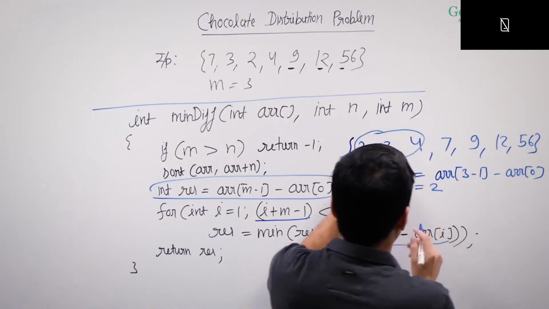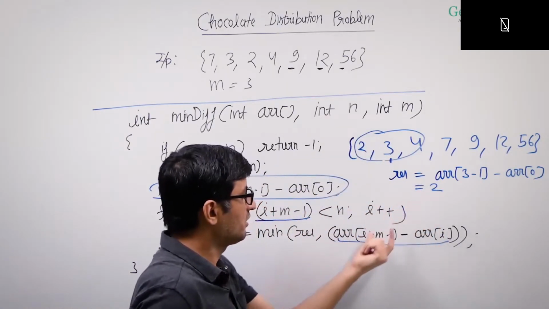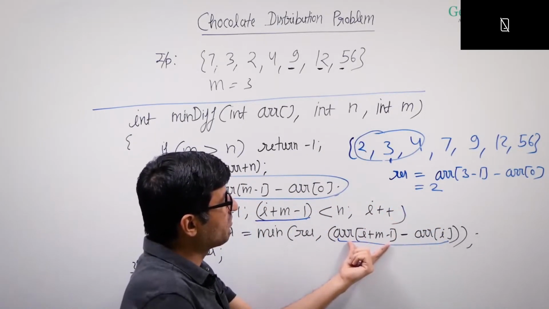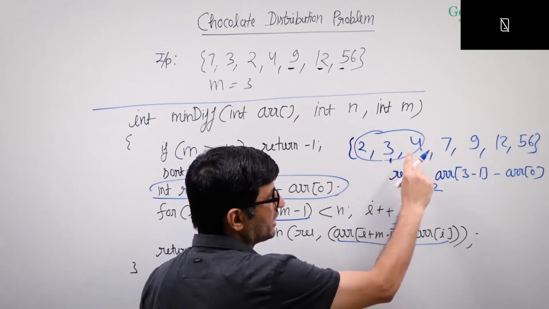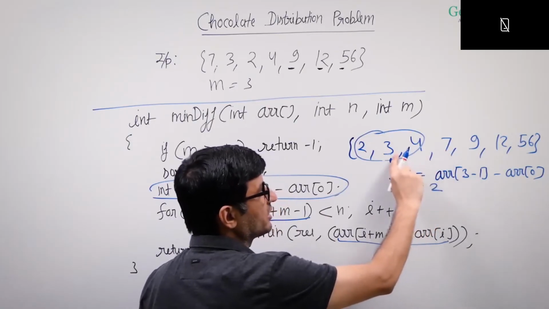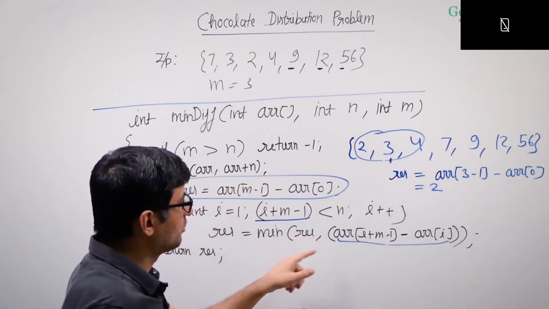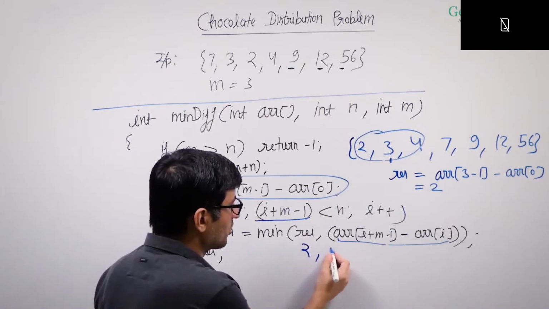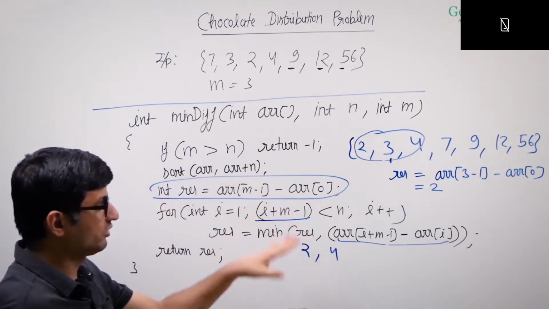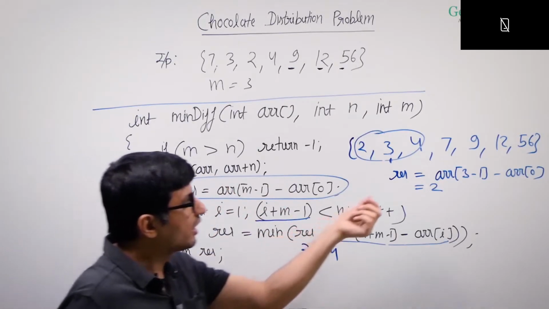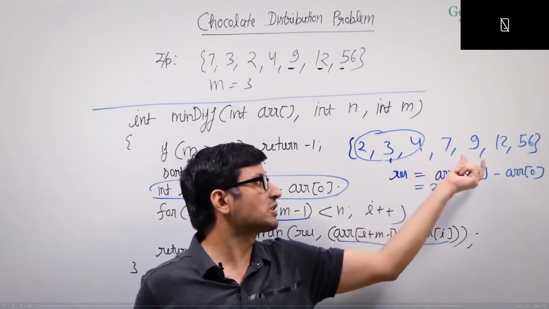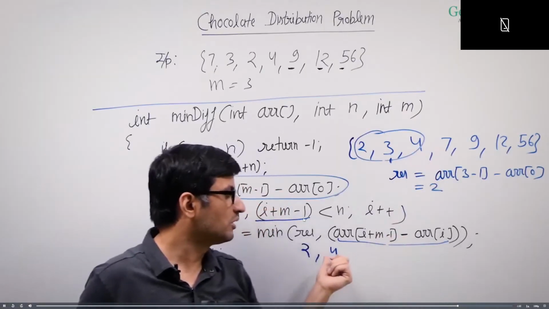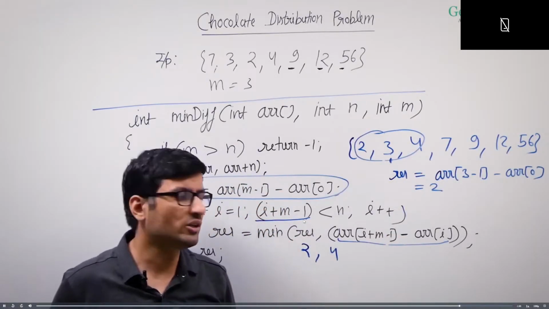You will see the current result and array I plus m minus 1 minus array I. So I plus m minus 1 is this, 7 minus 3, 4. You will compare 2 with 4. 2 is anyway smaller, so your result remains 2. Now you will come to this element and compare 9 minus 4, 5 with result 2. So your result will remain 2.